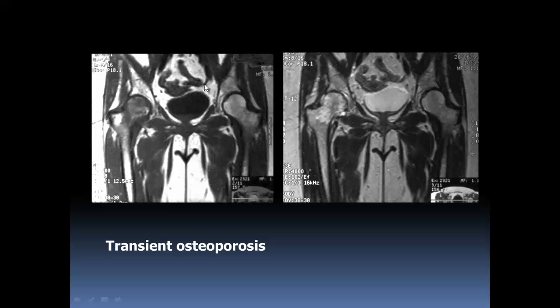Transient osteoporosis is again bone edema. So it is hyperemic. That's why it appears hot in isotope study, and it is porotic because it is hyperemic, and it is edematous as seen in MRI because again it is hyperemic, just hyperemia.